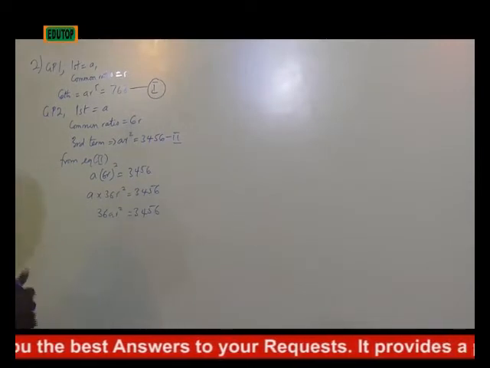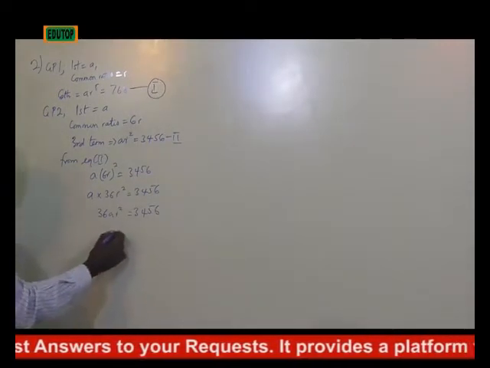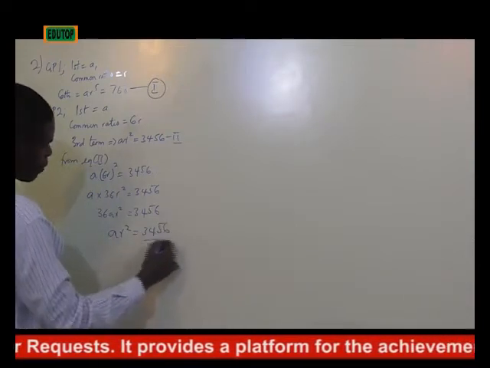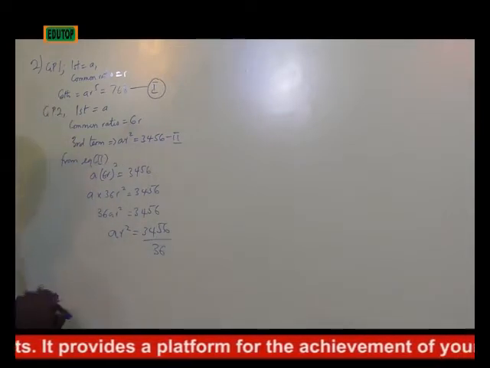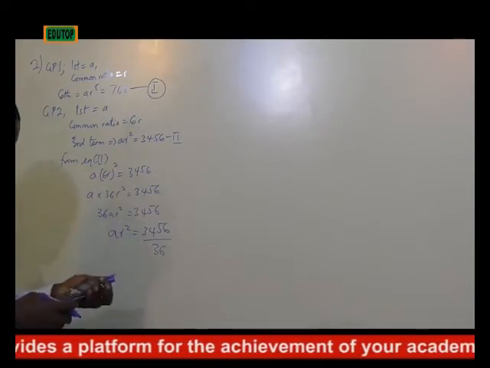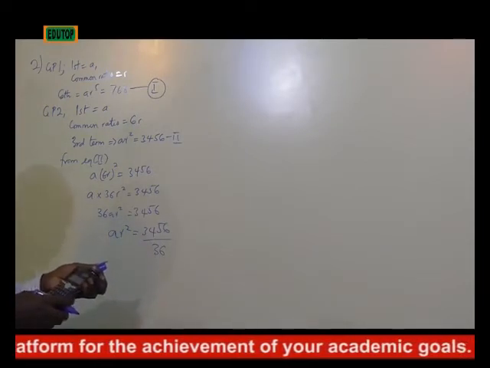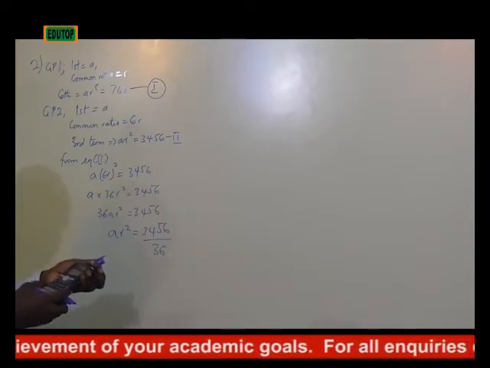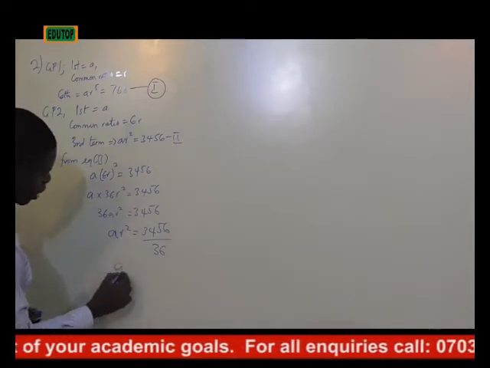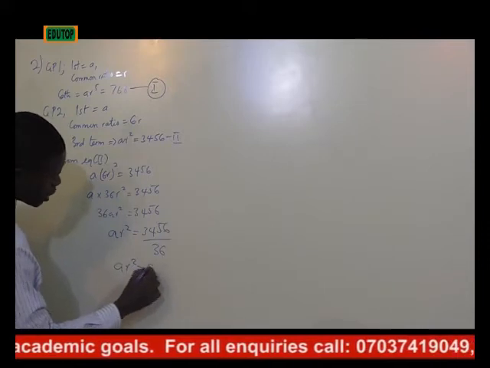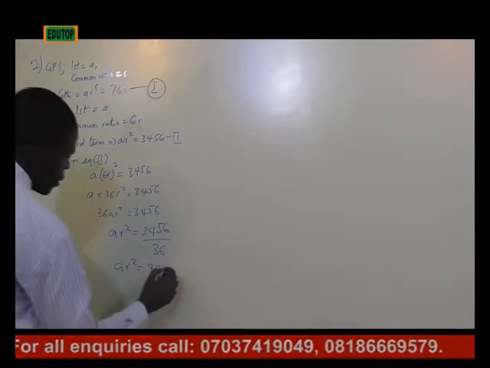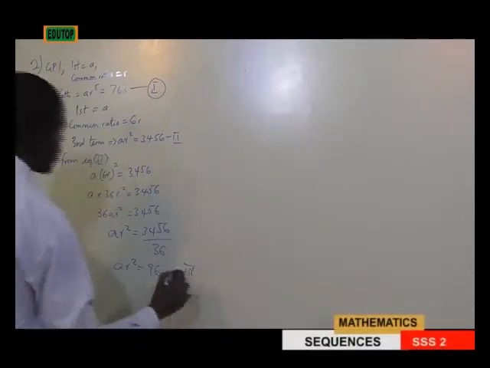So the continuation from here, we have AR squared equal to 3,456 divided by 36. And when we use our calculator to determine this, we have AR squared equal to 96. So let's call this equation 3.